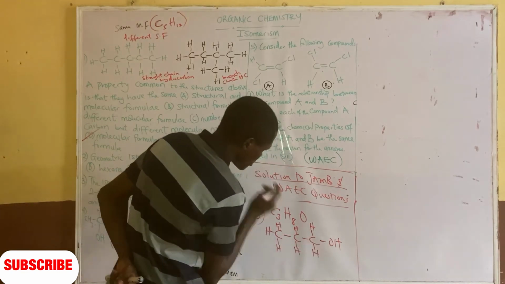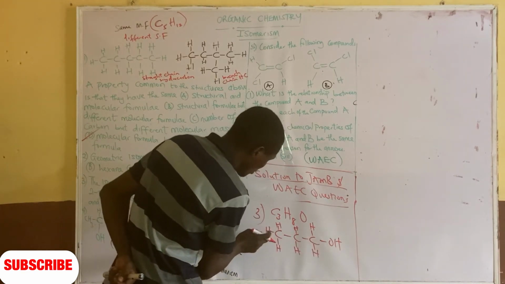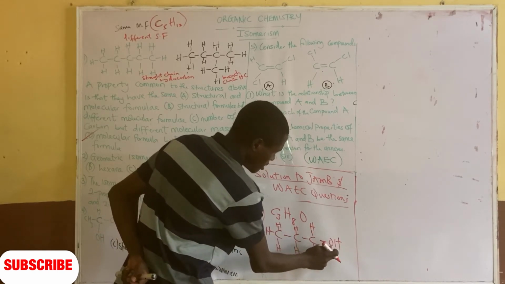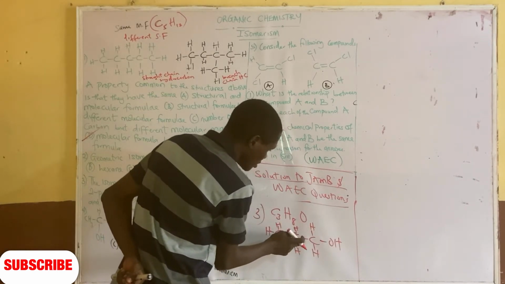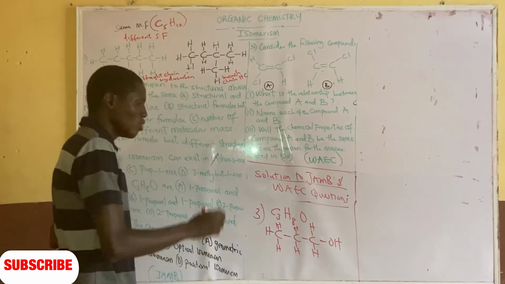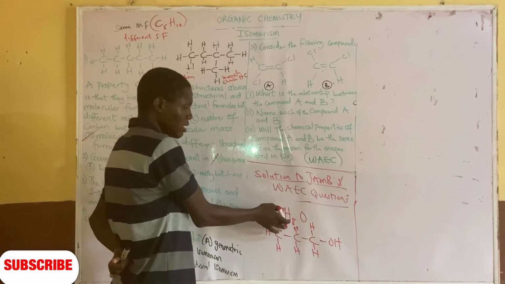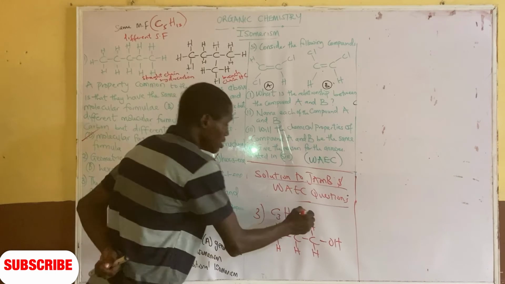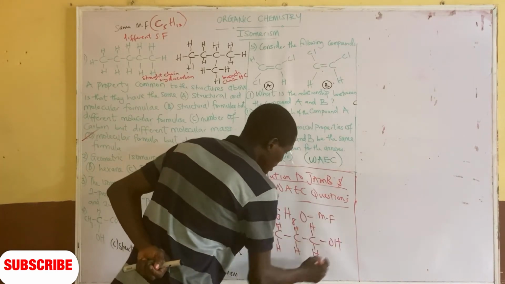Let's count how many hydrogen I have: 1, 2, 3, 4, 5, 6, 7, 8. This is 8, and I'm having one oxygen, so I'm having C3H8O. Now it's in conformity with the molecular formula given. And this is my first structure.